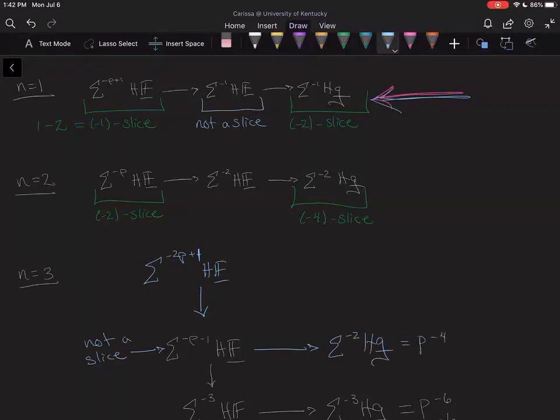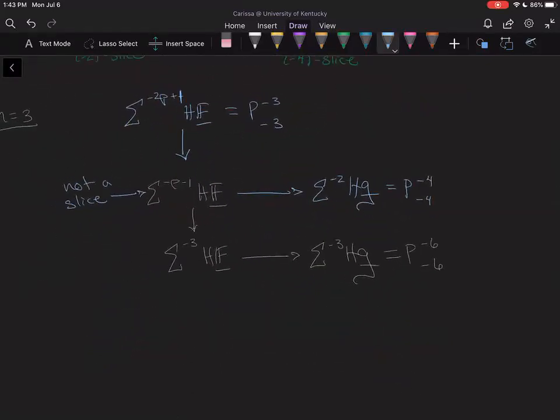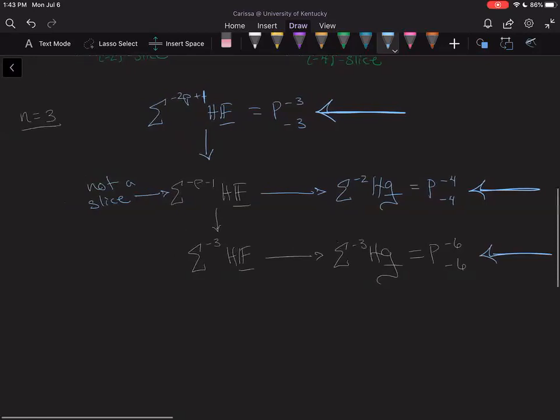So that will be our negative 4 slice, and this will be a negative 3 slice. So now we have strong co-fiber sequences together. It starts with a slice, and then all of these end pieces are slices, so we have the entire tower.